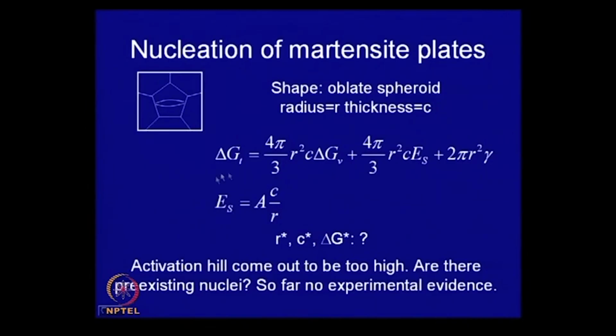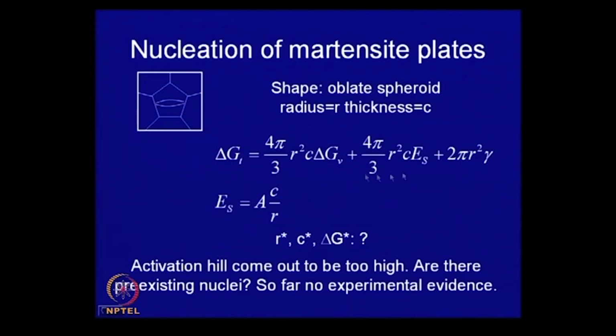This strain energy is equal to A, a constant, times C over R, the plate thickness over the radius. And then you have this new surface being created. Pi r square is the top surface, pi r square is the bottom surface, so two thin surfaces are being created, times gamma, which is the surface free energy.